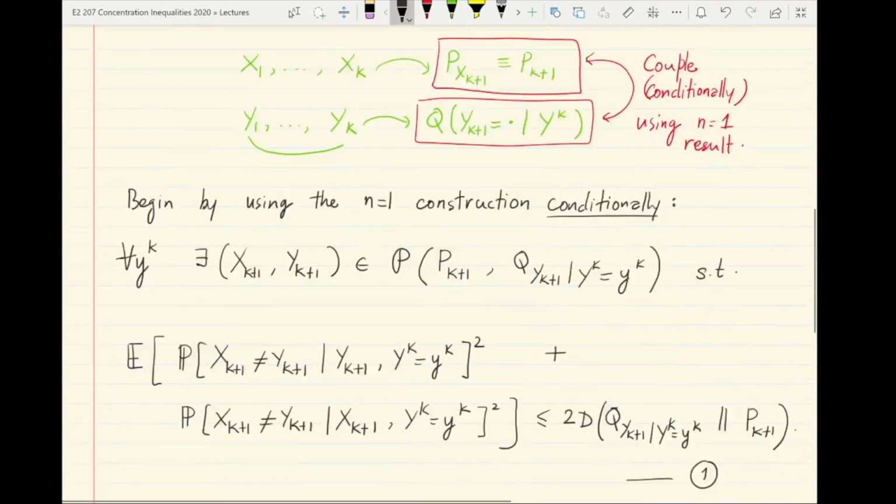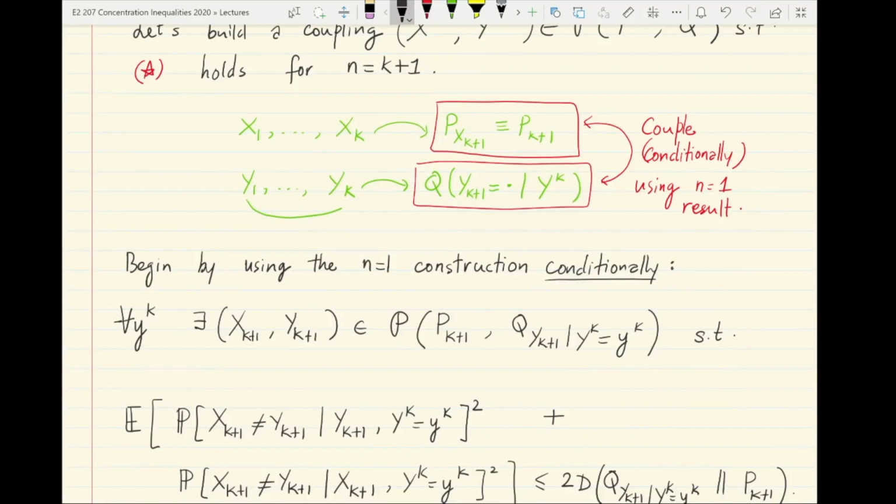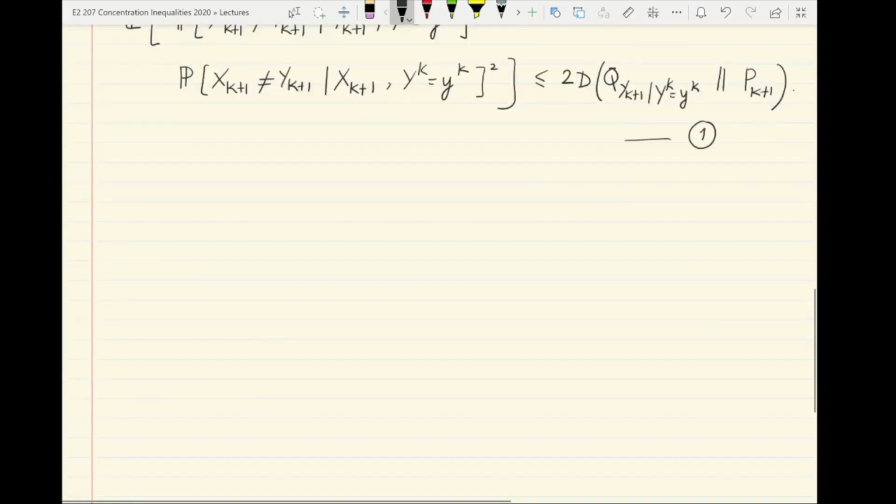And now how do we build this coupling? We define the formal extension, a new coupling between x1 through k plus 1 and y1 through k plus 1.